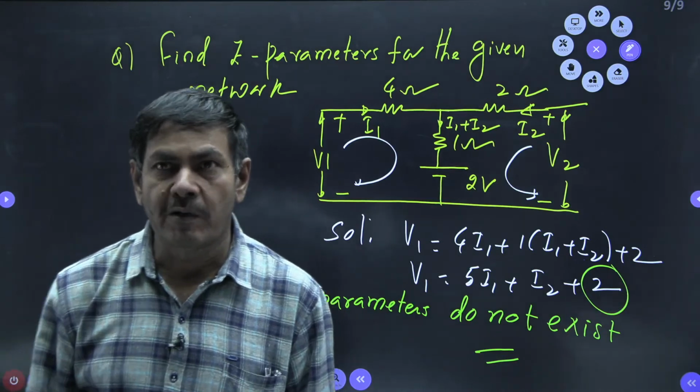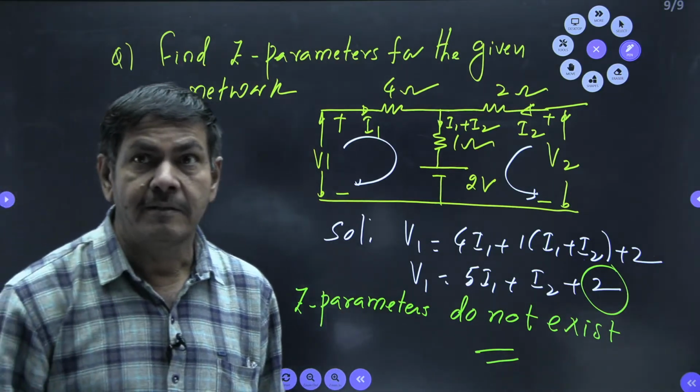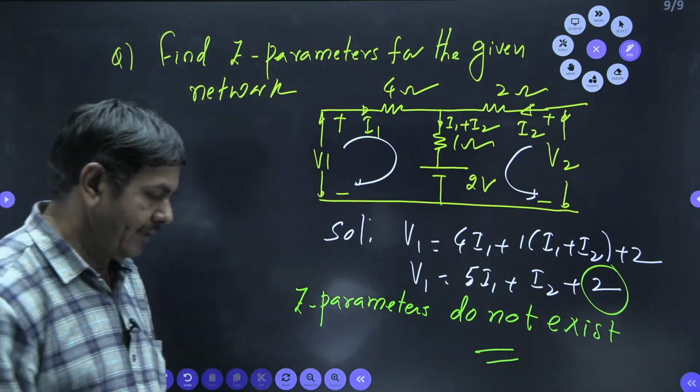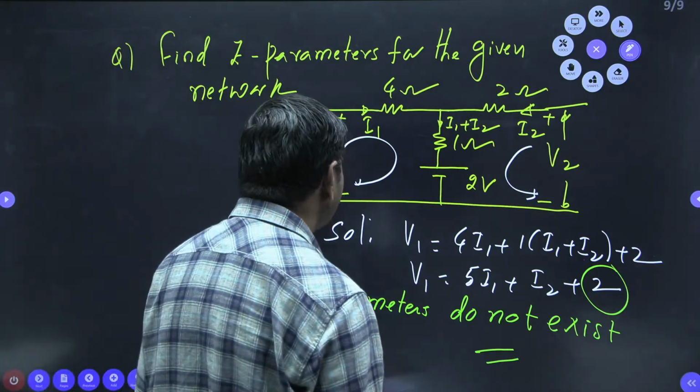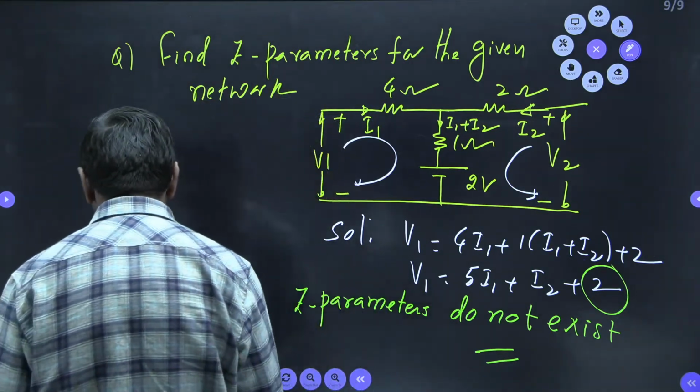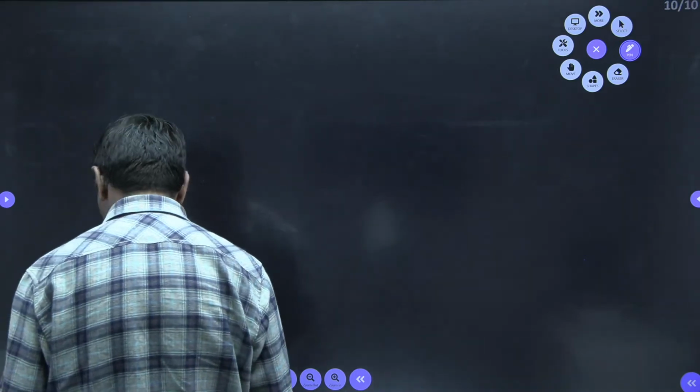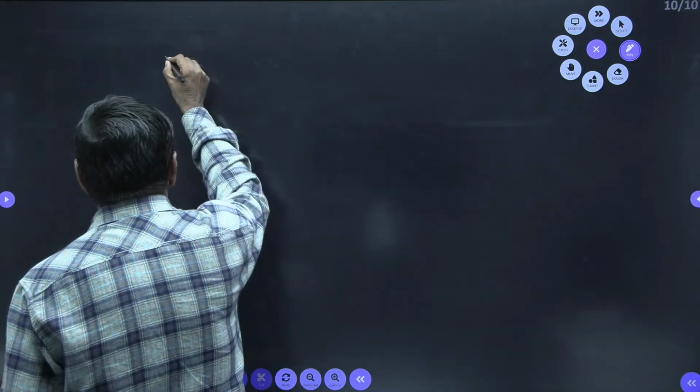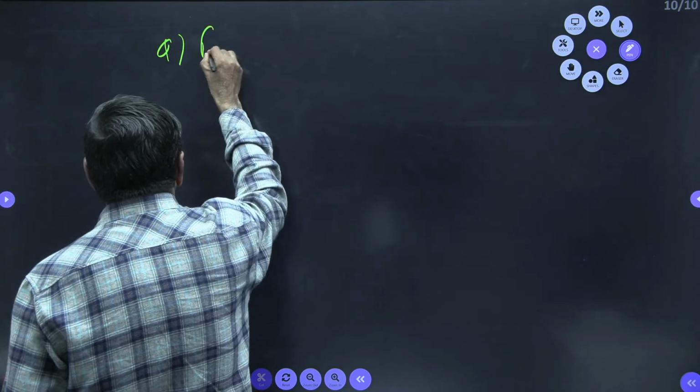And one more question I want to give in your hands. If it is possible, please try it. With a slight change, some extension to this question. Find impedance parameters.